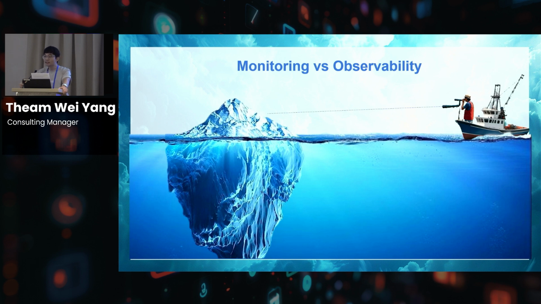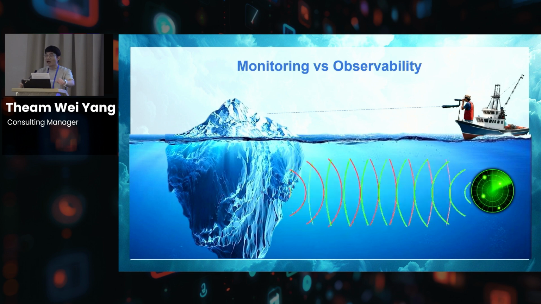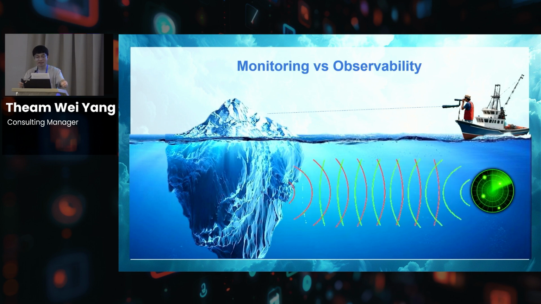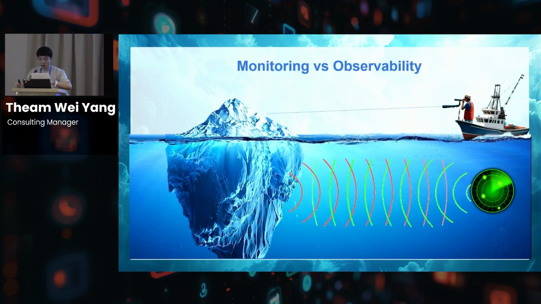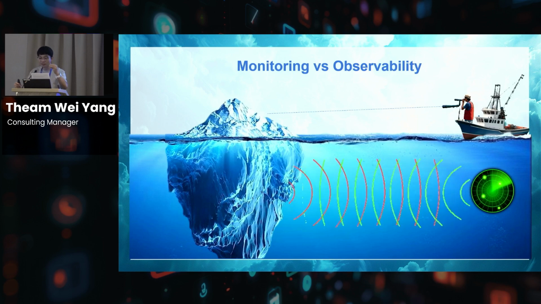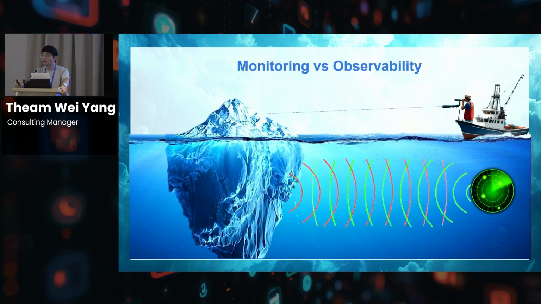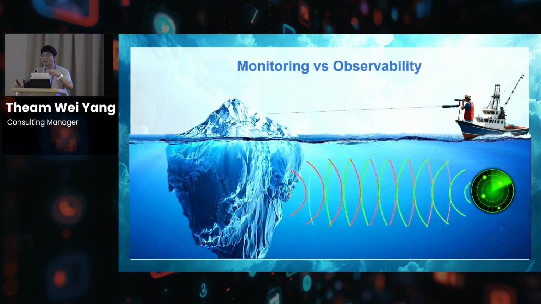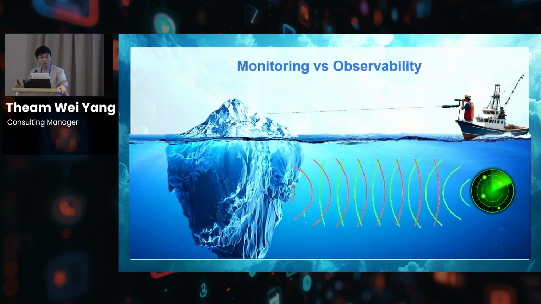But observability is like using a sonar to detect how big or how deep the ice is. In other words, conventional monitoring only gives you a view of the tip of the iceberg. Observability, on the other hand, is used to detect the hidden part and gives you a better understanding of what you are encountering at the moment.